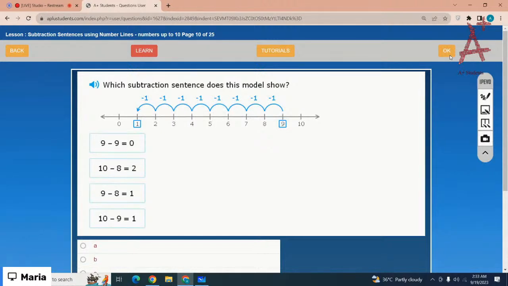Which subtraction sentence does this model show? So, which is the correct option? Yes, you have to start with 9. How many times do you go back?